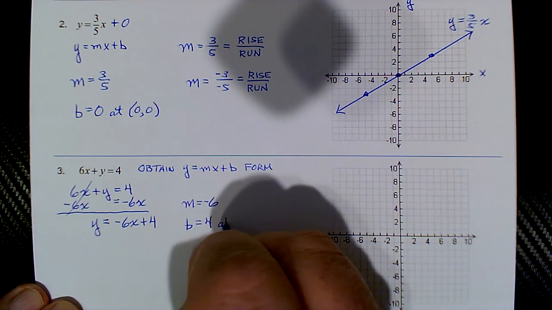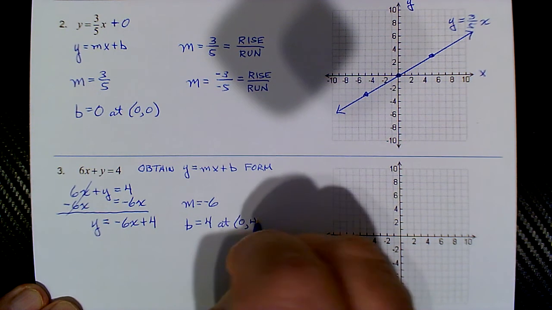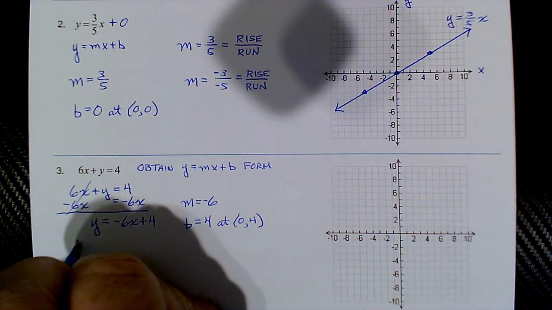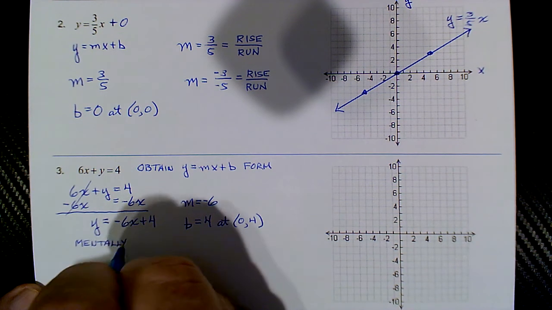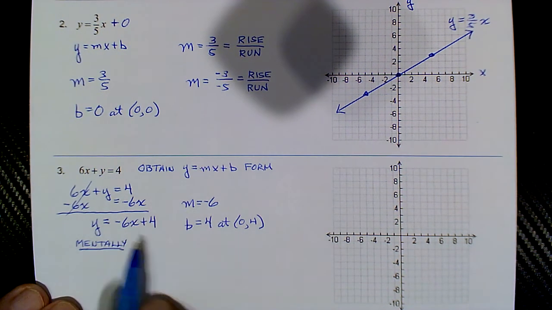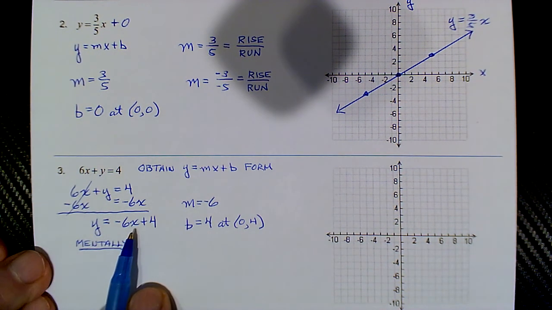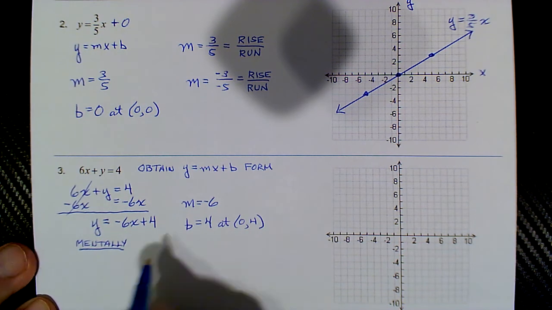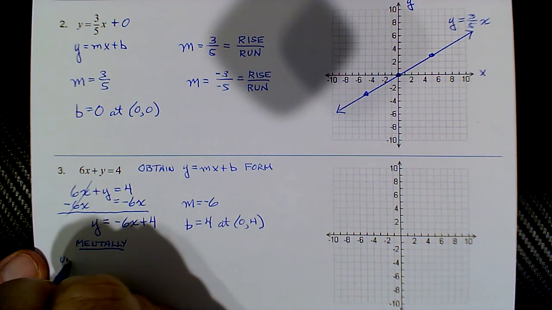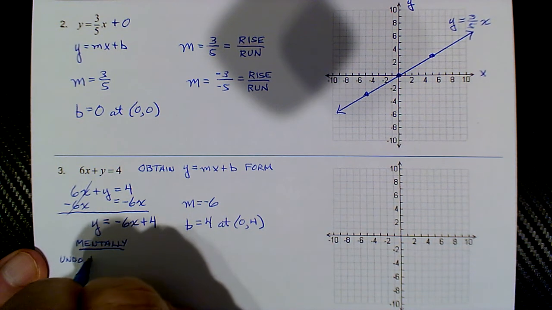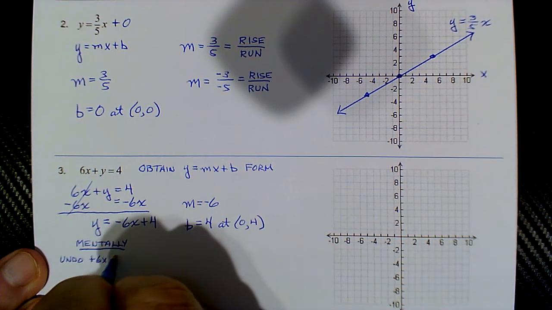Now, if you prefer, as I've mentioned before, you could solve for y mentally, because remember, it's really just a process of undoing, right? We're going to undo the positive 6x by subtracting.